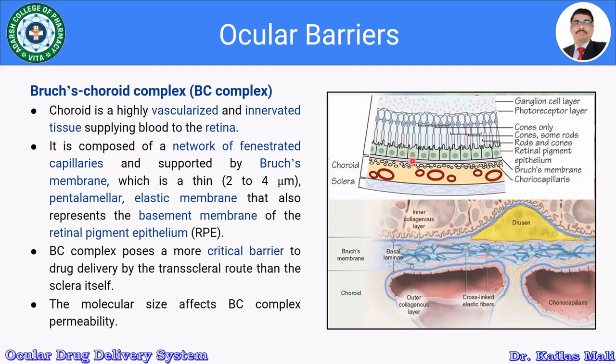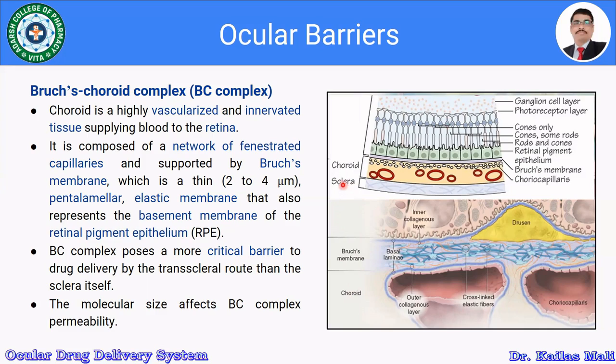The BC complex poses a more critical barrier to drug delivery by the transscleral route than the sclera itself. The molecular size affects the Bruch's choroid complex permeability. So in the Bruch's choroid complex, that is the BC complex, here is the choroid and Bruch's membrane, right?